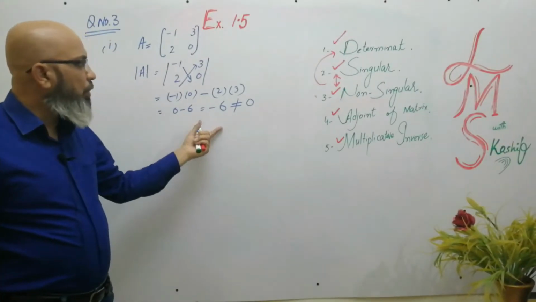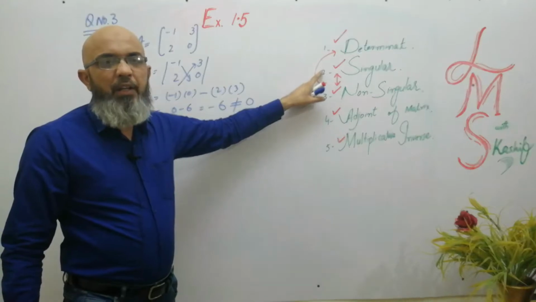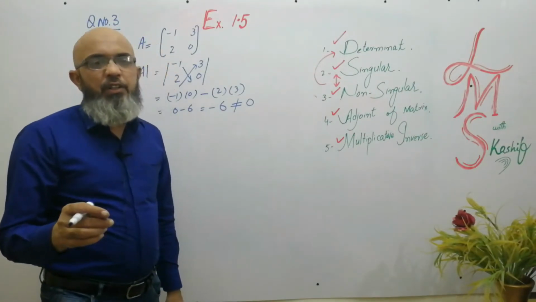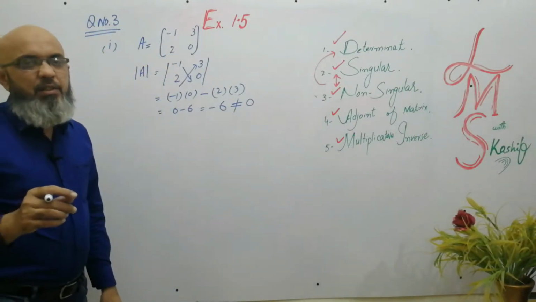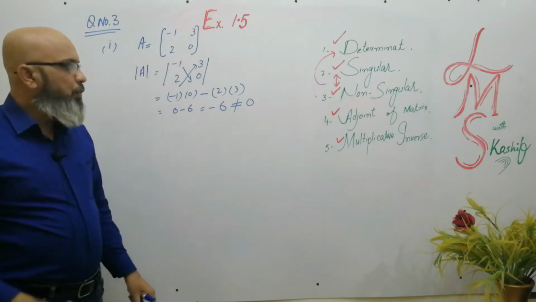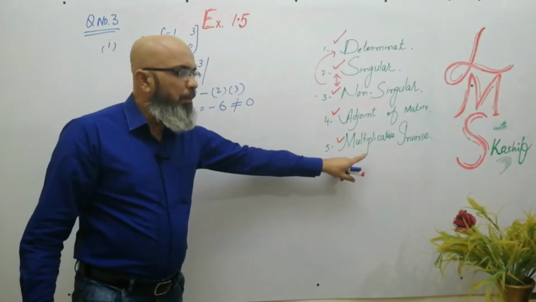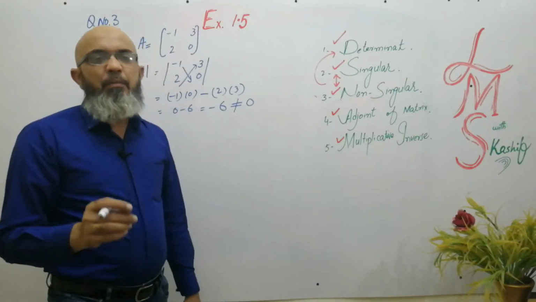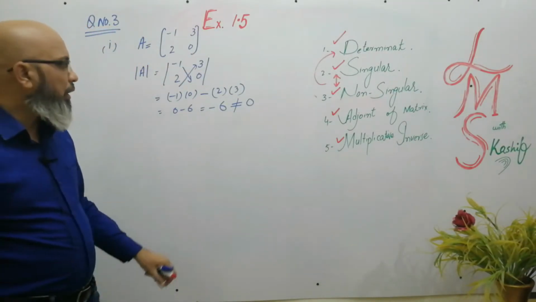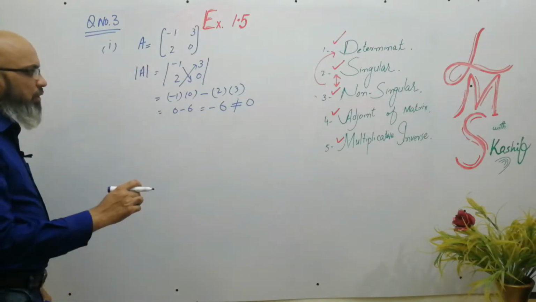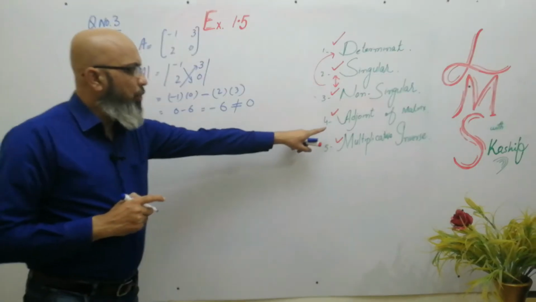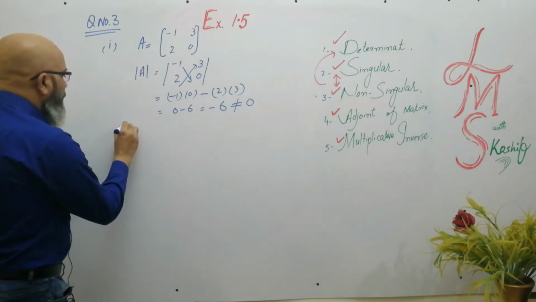It's a non-singular matrix. If it is 0, then it is a singular matrix, and the multiplicative inverse of a singular matrix never exists. So it is a condition that if you find the multiplicative inverse of any matrix, the matrix should be non-singular. Next, we have to find the adjoint. What is adjoint?